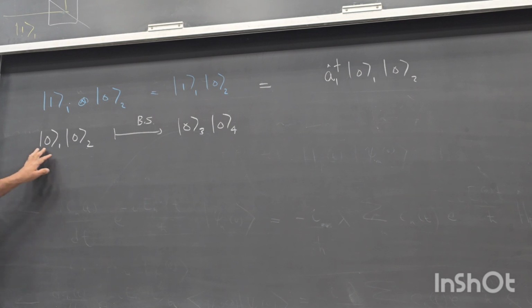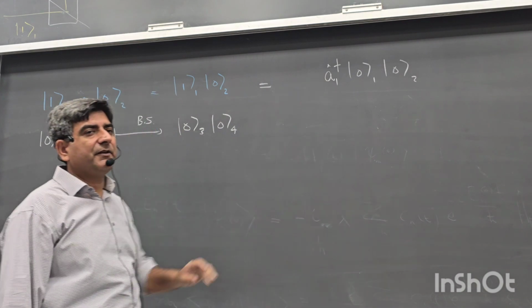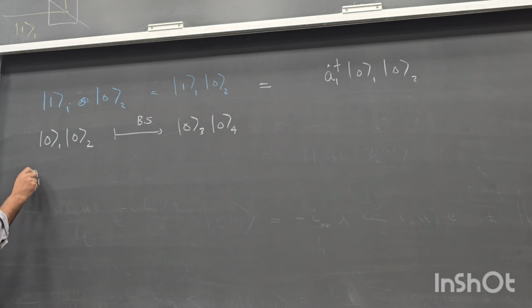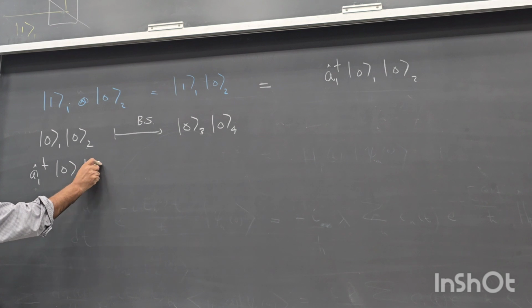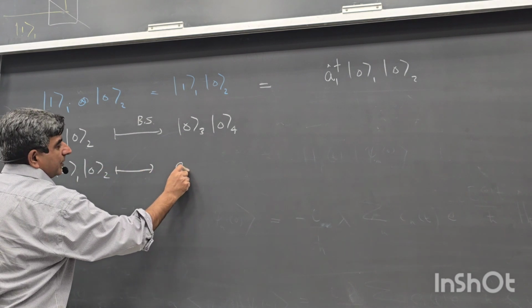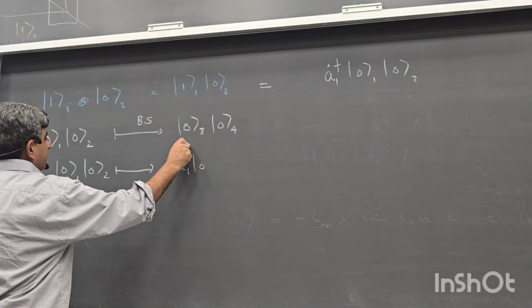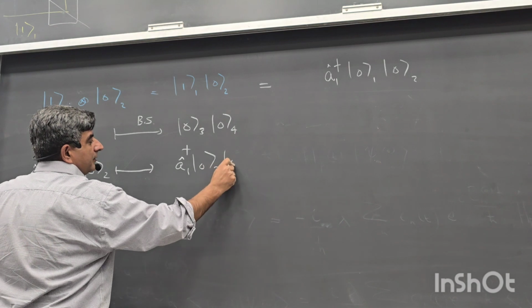So now if I compare this with this, if I put an A1 dagger on both sides, remember I need to know upon which mode I am creating a photon. It's the first mode upon which I'm creating a photon. This must give A1 dagger acting on ket 0 3, 0 4.